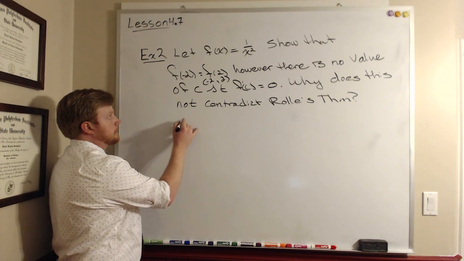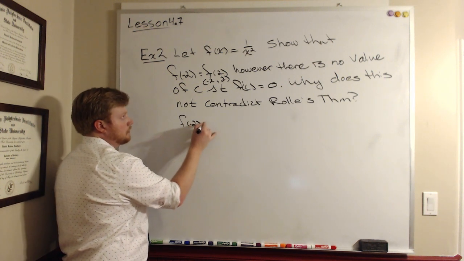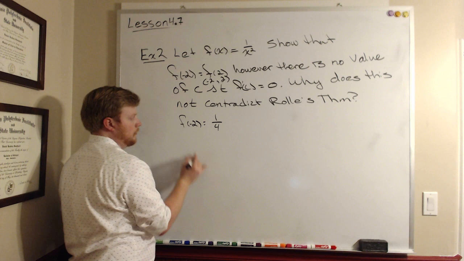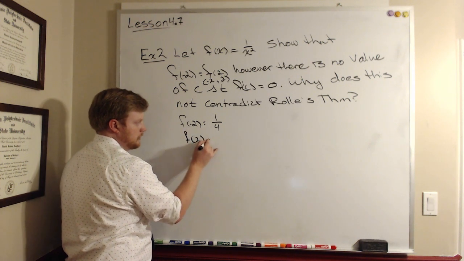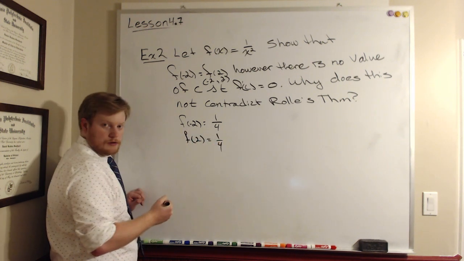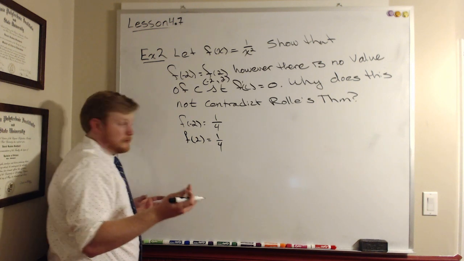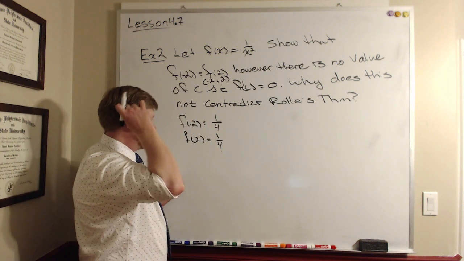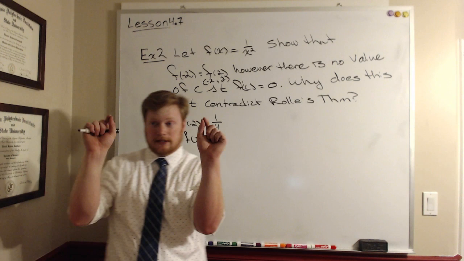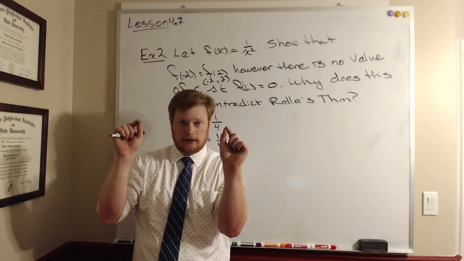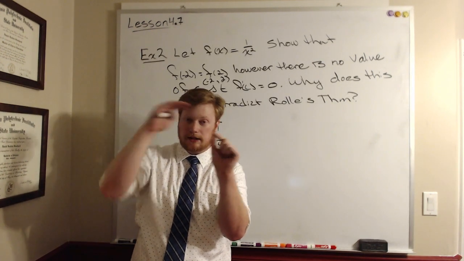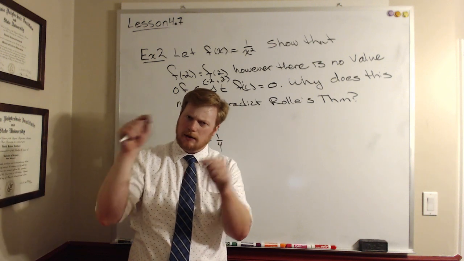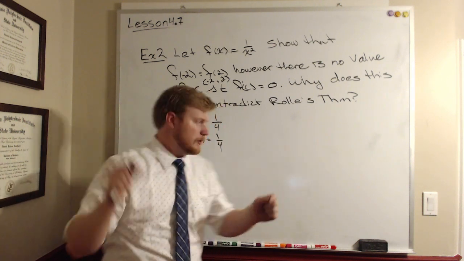So, f of negative 2 is 1 over 4, and f of 2 is 1 over 4. So that part of Rolle's theorem is satisfied, right? The endpoints are the same. So there should be some value in between negative 2 and 2 where the derivative is equal to 0.